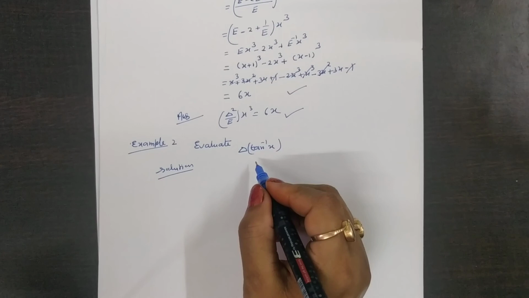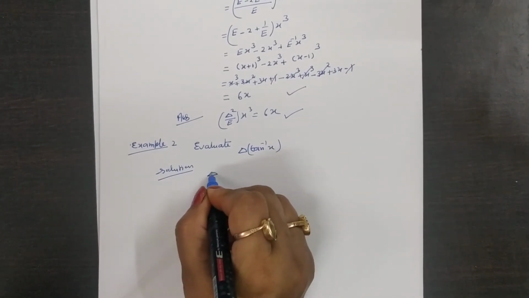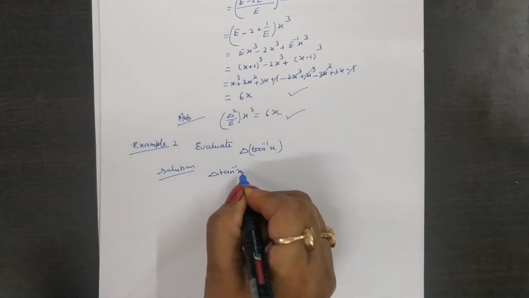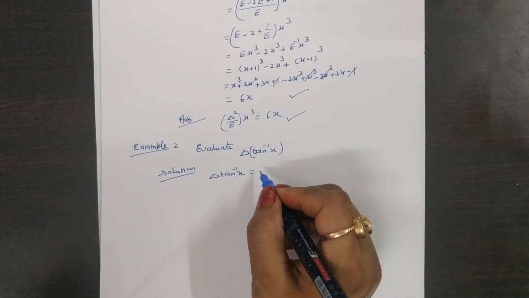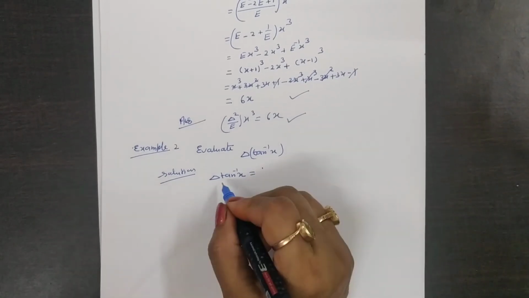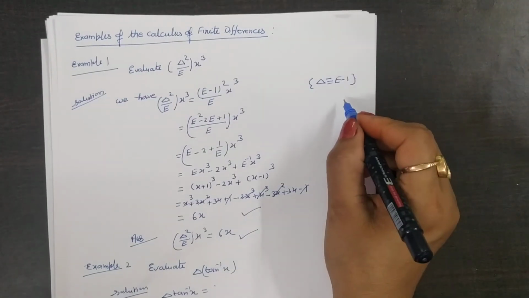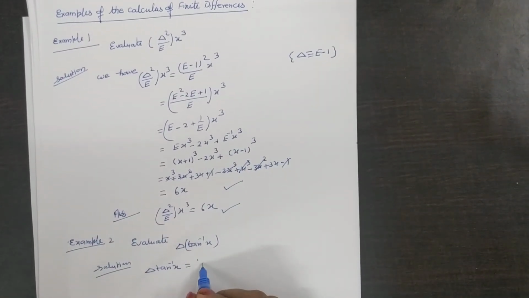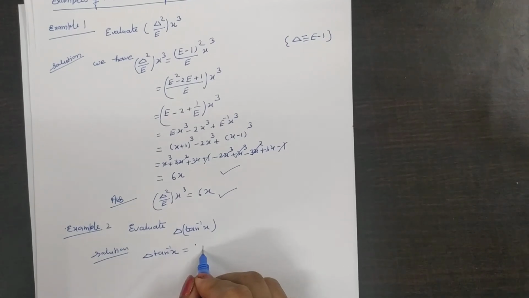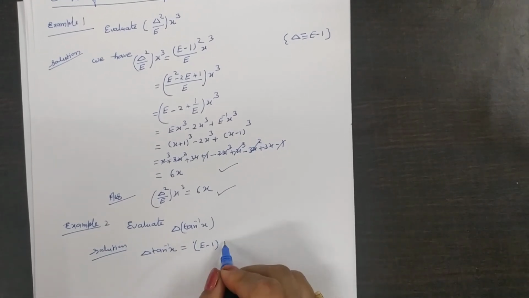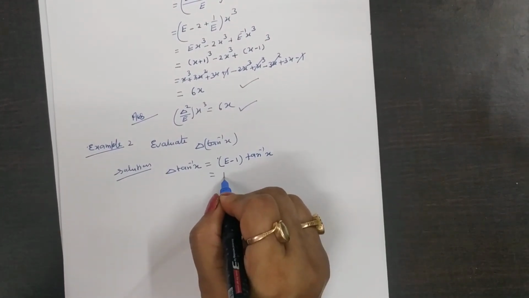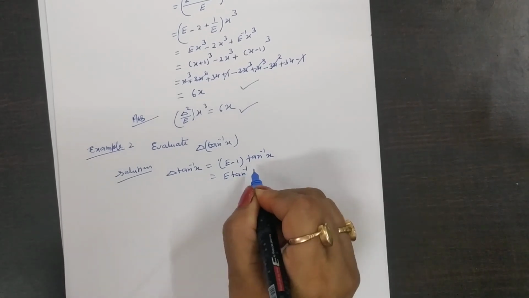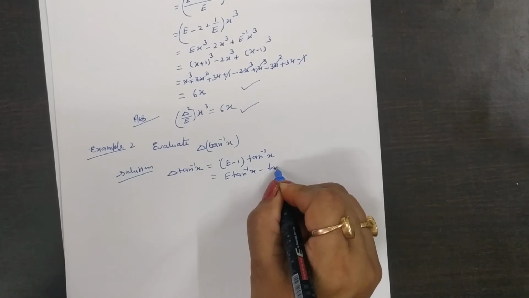Delta of tan inverse x, according to the definition of delta, you know that delta is E minus 1. Substituting, this is (E minus 1) of tan inverse x, that is E of tan inverse x minus tan inverse x.